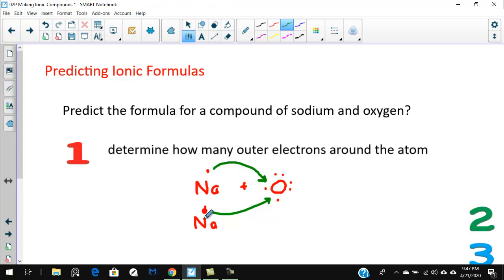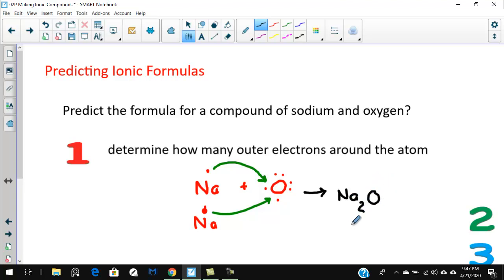Sodium has emptied its valence shells, and so we can write down what the result is. So this time, instead of just writing Na, we write Na, and we use 2 of them. So we put a little 2 down here, and then we write the oxygen. We go O, but we only use 1 of them. And so it's Na2O.